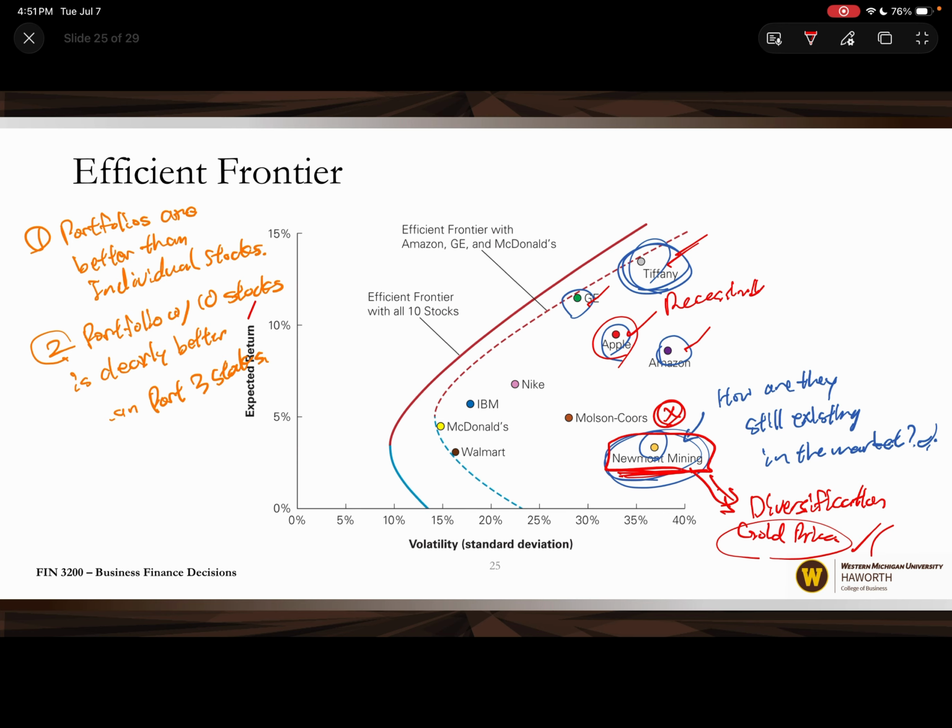But gold price goes up. That's precisely the negative correlation coefficient that we talked about, right? So even though adding Newmont Mining to your portfolio might lower your expected return a little bit, the diversification benefit that you get is much greater. That's how they're still surviving in the market.